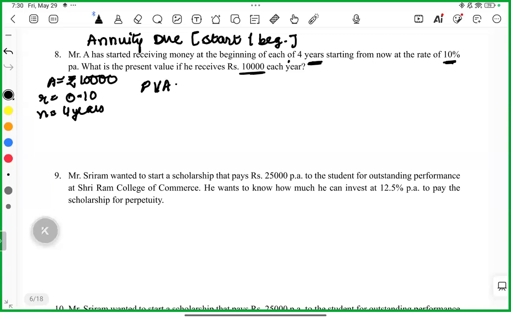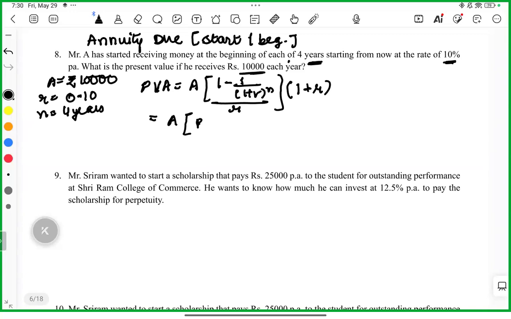Present value of annuity is equal to A into 1 minus 1 upon 1 plus R raised to N, upon R. Instead of the formula, what you can write is, this is annuity due, so you have to multiply this with 1 plus R. So A into PVIFA at 10% for 4 years multiplied by 1 plus R.